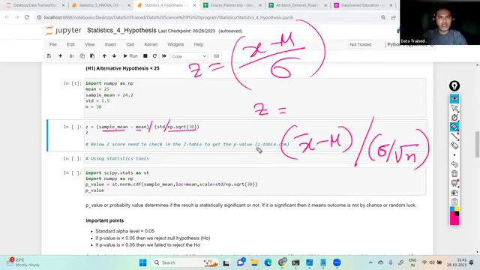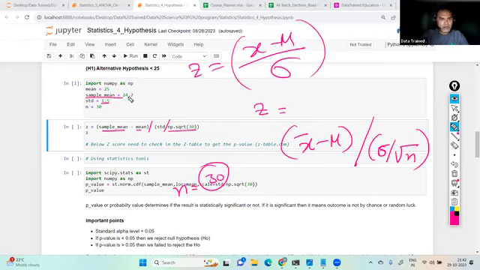Fine, we have a population standard deviation, but we are testing those samples. What are the samples? 30. We don't have a sample standard deviation. See, the population average is 25 kilometers per liter. The population standard deviation is 1.5.